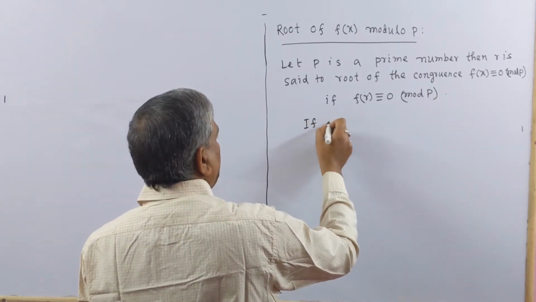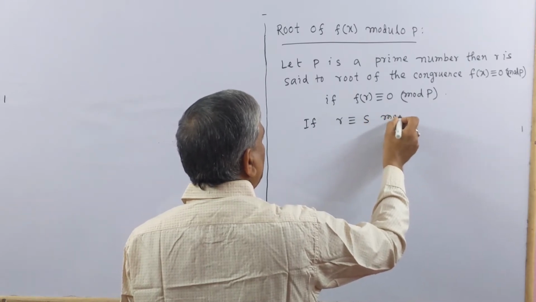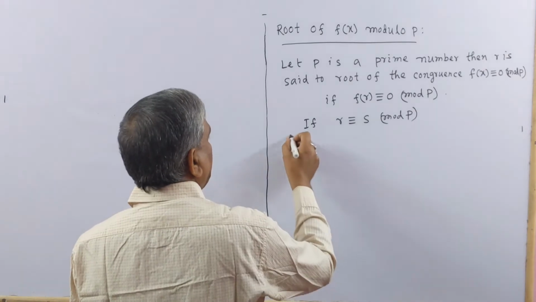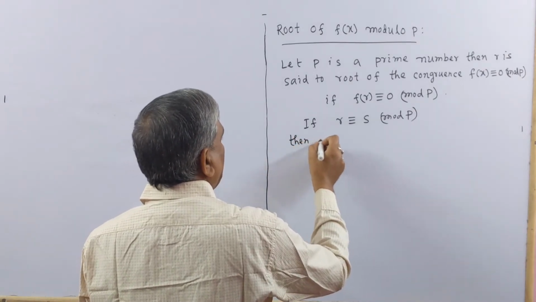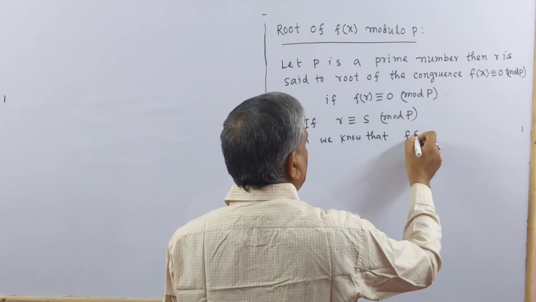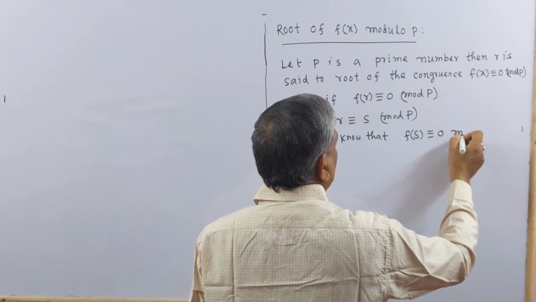If r is congruent to s modulo p, then we know that f(s) is congruent to 0 modulo p.